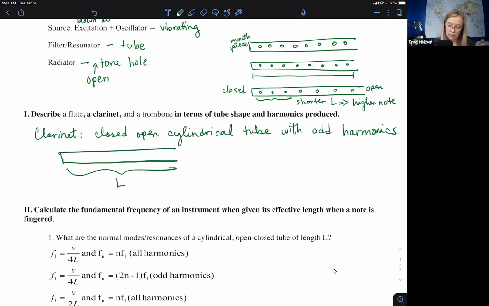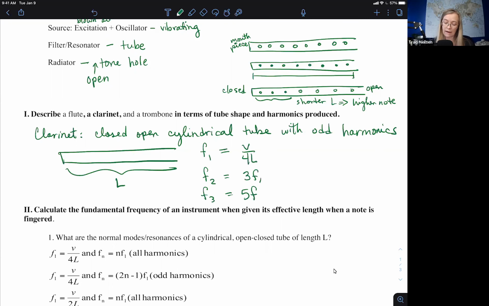So for a tube closed at one end, open at the other end of length L, the first natural frequency or resonance of the tube, F1, is V over 4L. The second resonance or natural frequency of the tube is 3 times that, and the third one is 5 times that.